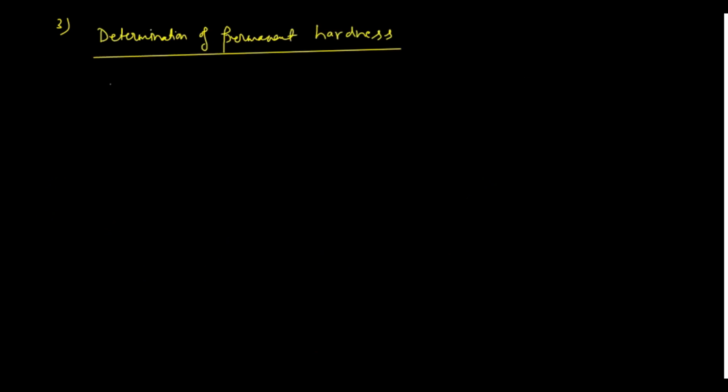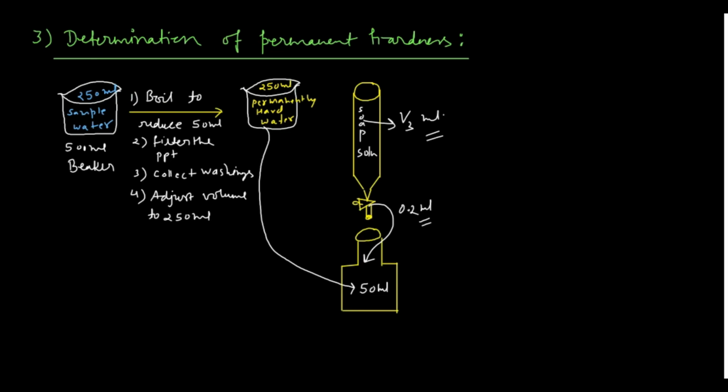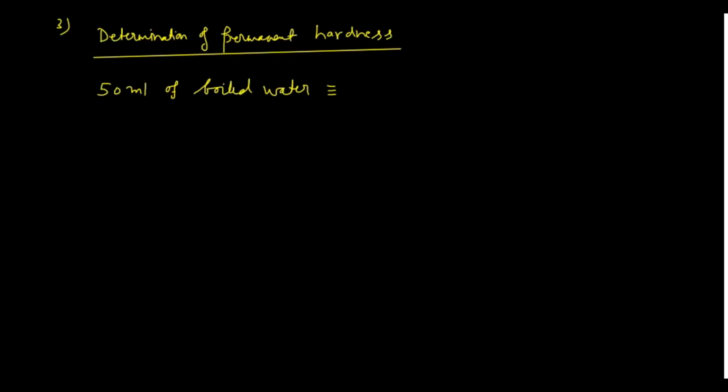What I have done here is taken 50 ml of boiled water, and this 50 ml of boiled water has consumed V3 ml of the soap solution. Please remember, this 50 ml is actually equivalent to V3 ml, and I need to subtract the value of the lather factor in each and every case to minimize the error.